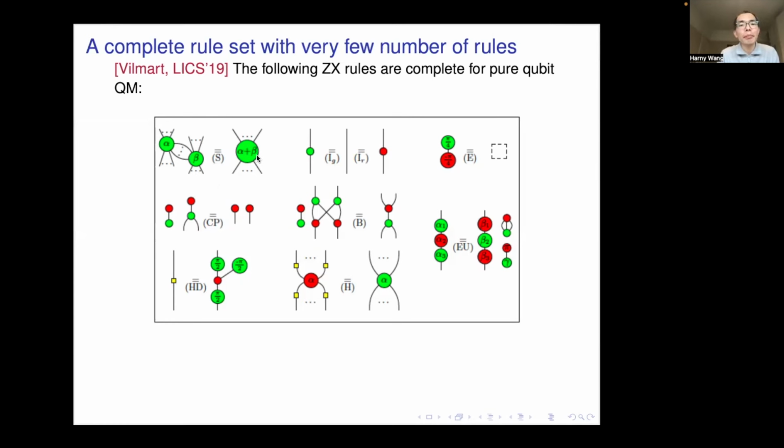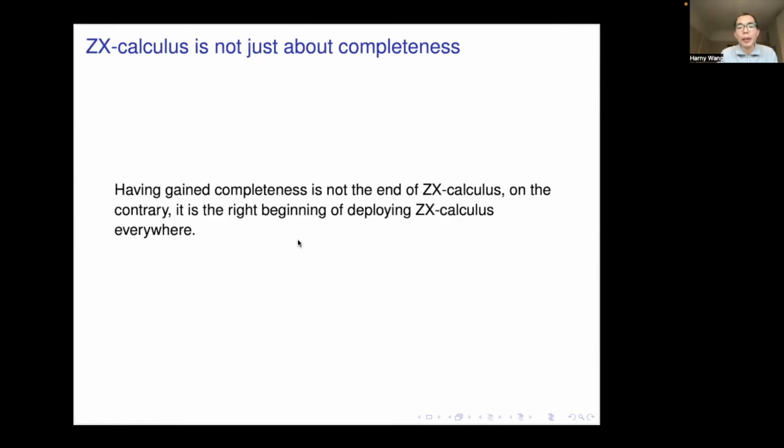Actually, people found that these rules are enough for reasoning about qubits. That's nice, you don't need to add too many rules. But the problem is, is that finished?